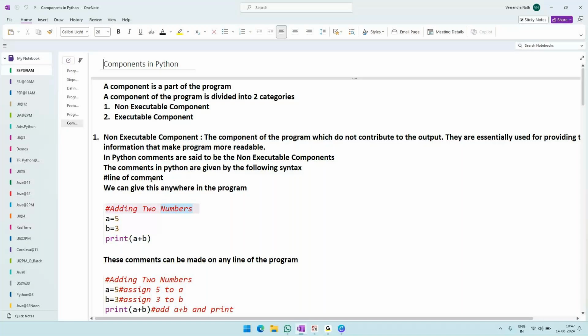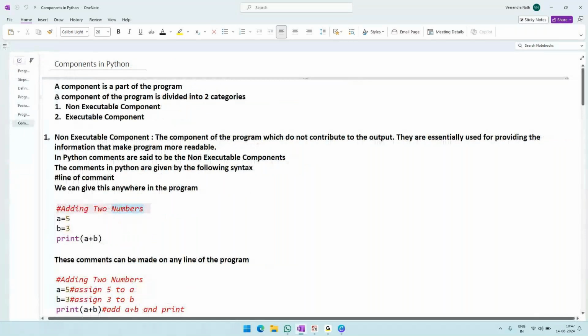Now, the various components. A component is nothing but a part of the program. There are two types of components: non-executable components and executable components. Non-executable components are the components that do not contribute to the output.